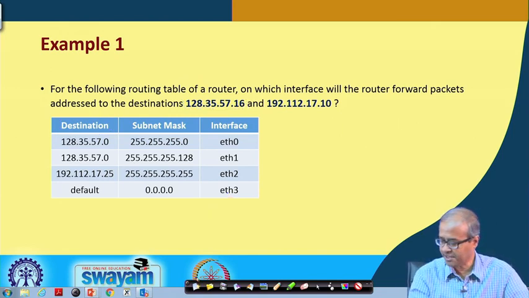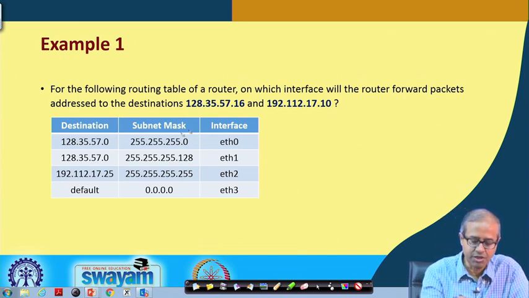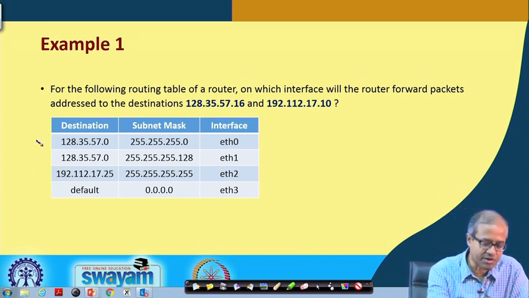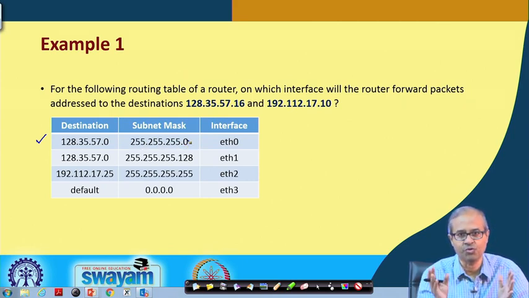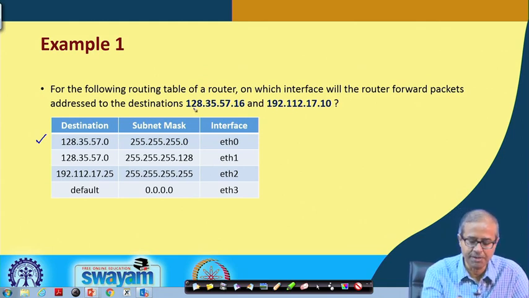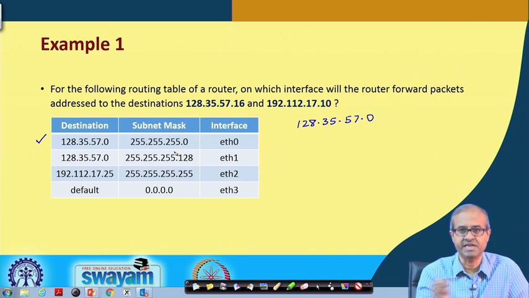Now, this 128.35.57.16 will be checked with the rows one by one. First, this row, just look at it, the subnet mask says the first 3 bytes are all ones, last one is all 0, 255 means all ones. So, if you do a bit by bit ANDing with this, you will simply get 128.35.57, last 8 bits will become 0, because you are ANDing with 8 zeros at the end.